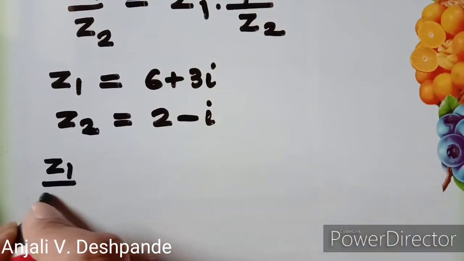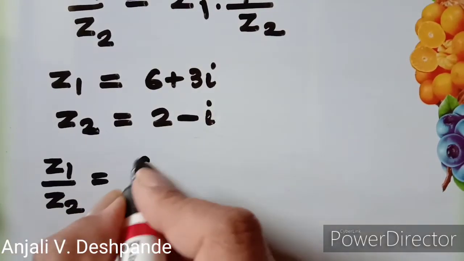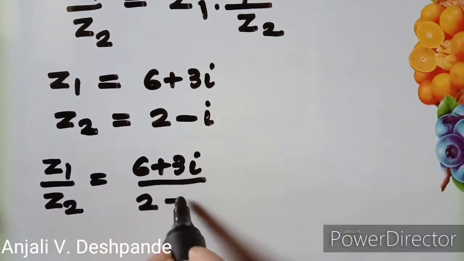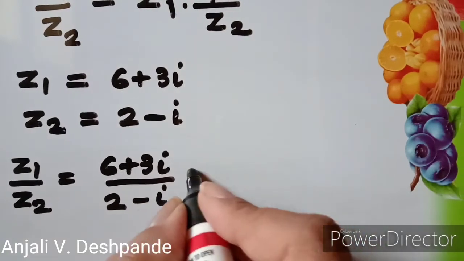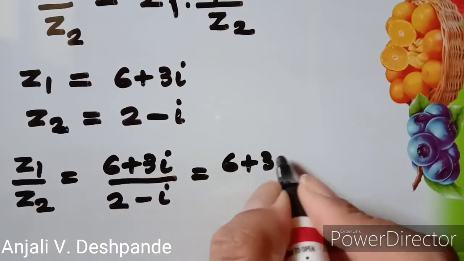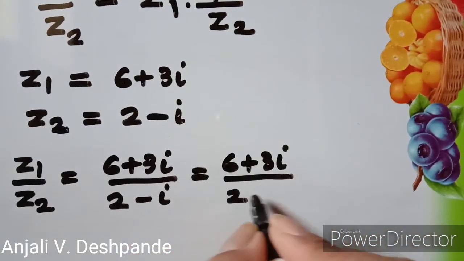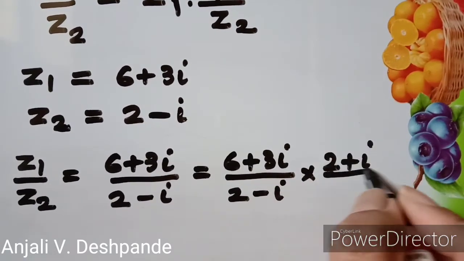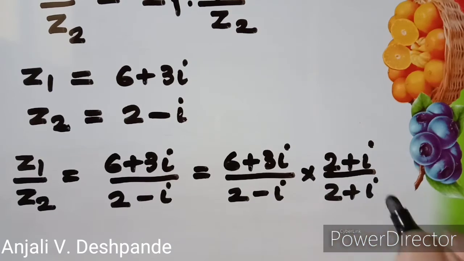Then z1 divided by z2 is equal to 6 plus 3i divided by 2 minus i, which is equal to 6 plus 3i divided by 2 minus i multiplied by 2 plus i divided by 2 plus i.